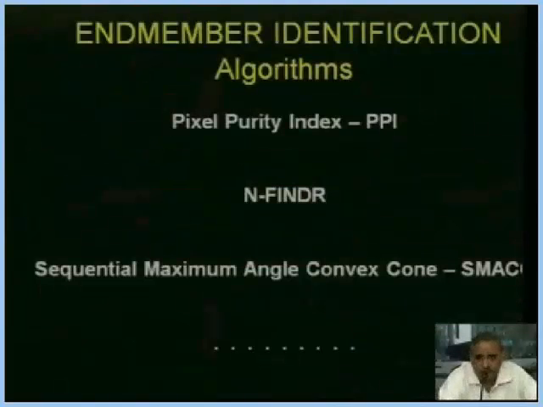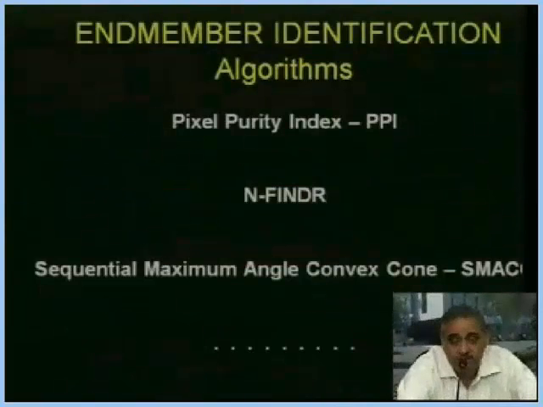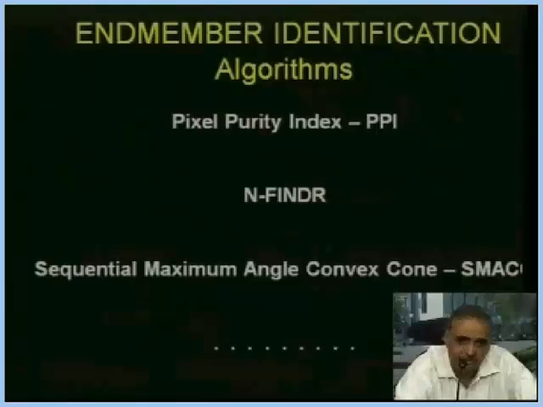But how do you identify the pure pixels if you do not have any ground truth information? If you have ground truth information, there is nothing like that. You can always match your ground truth data with your image and take them as your sample sets.